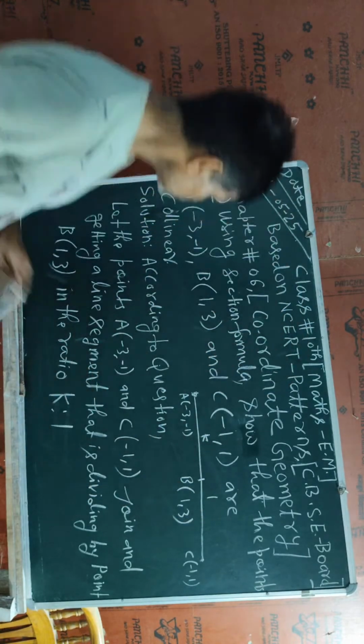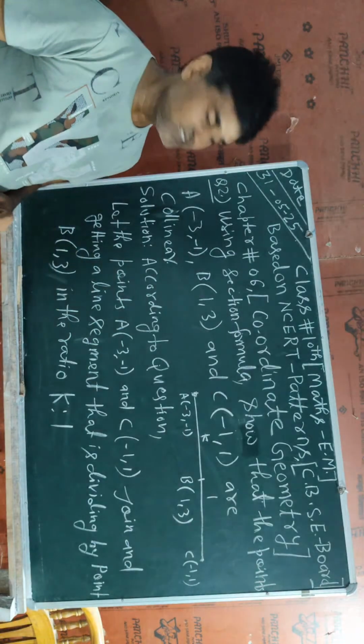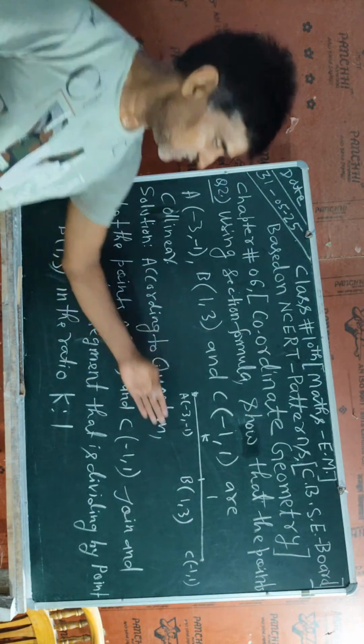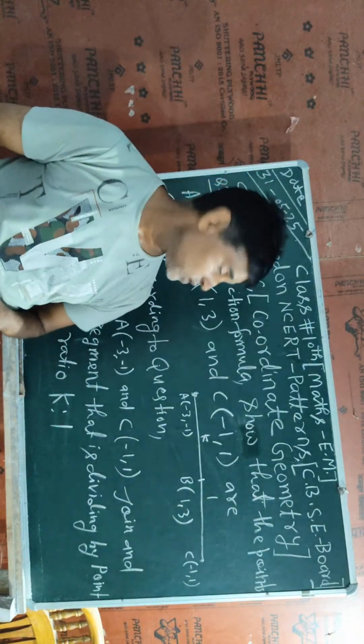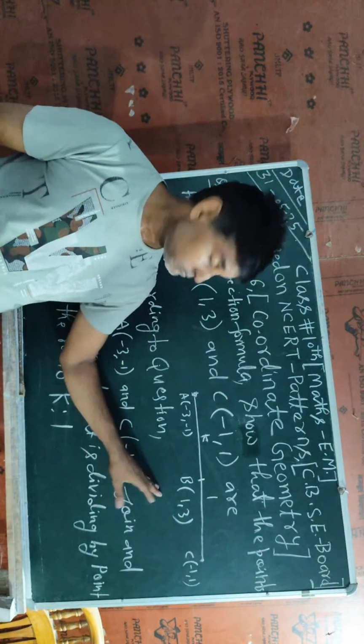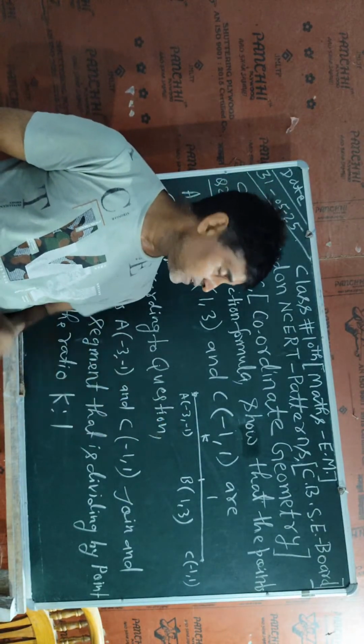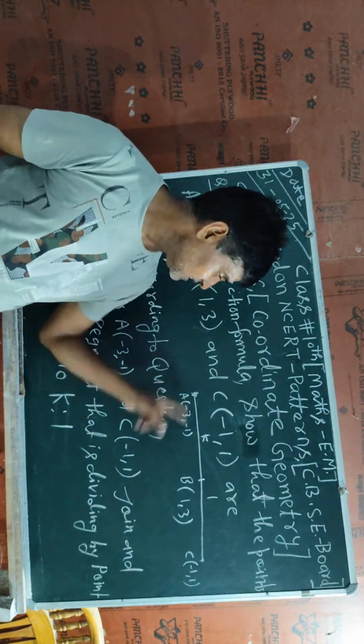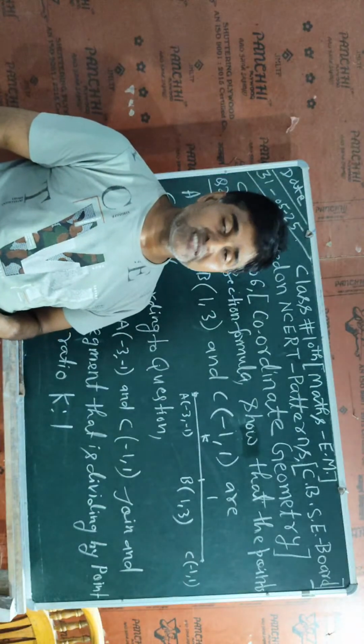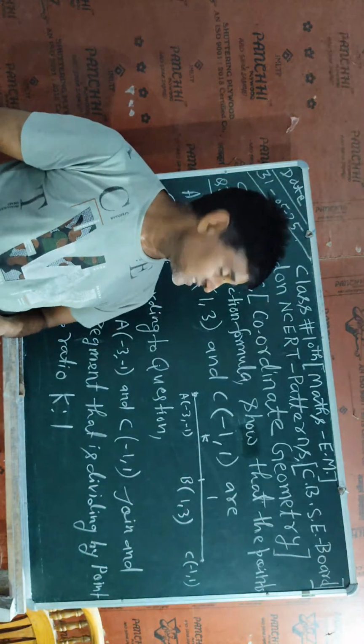Okay, so I will erase this information, and after erasing I will use the section formula. After using the section formula I will get the value of k, and then with the value of k I will decide whether all these 3 points lie on the same straight line.